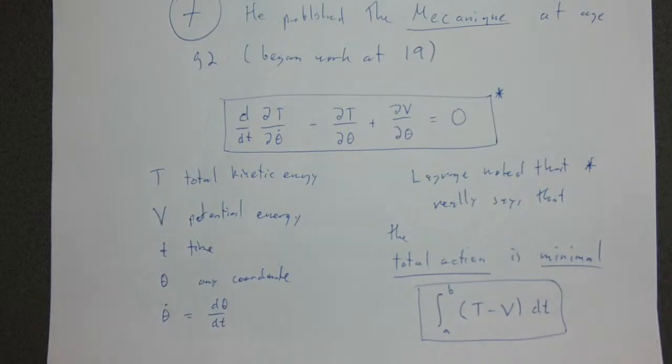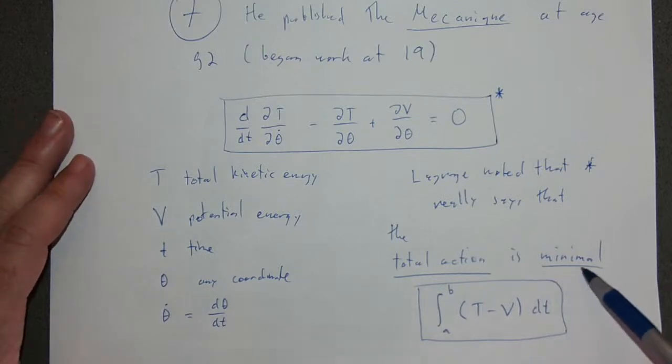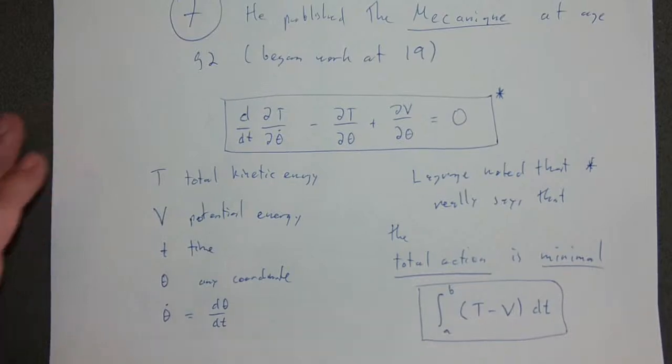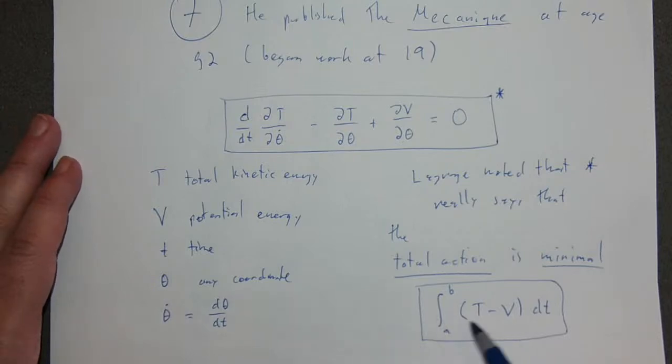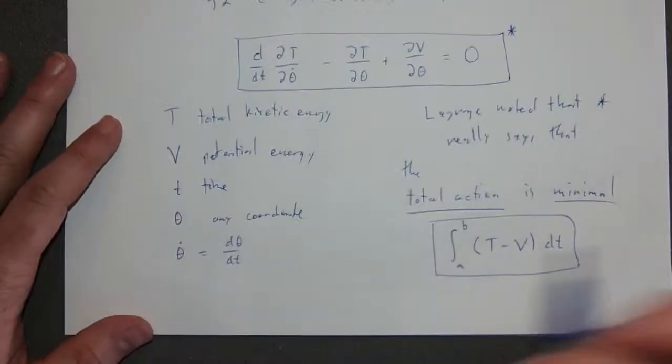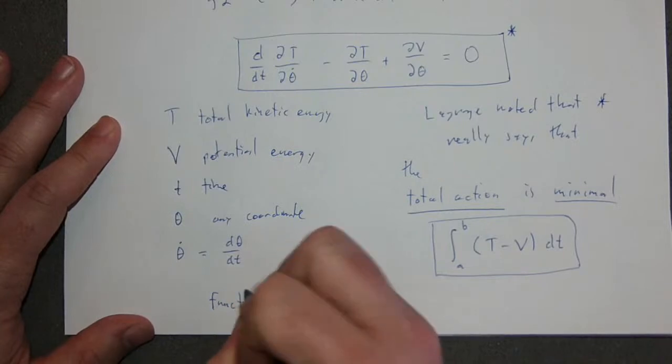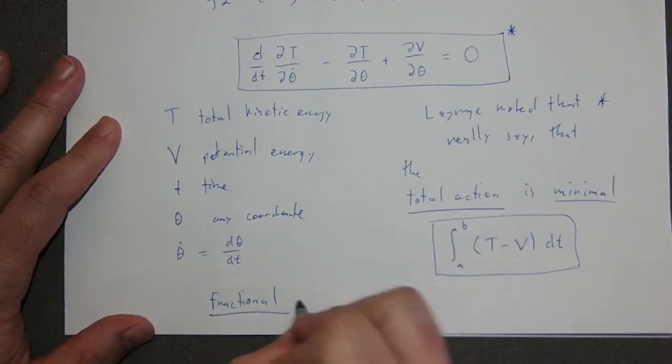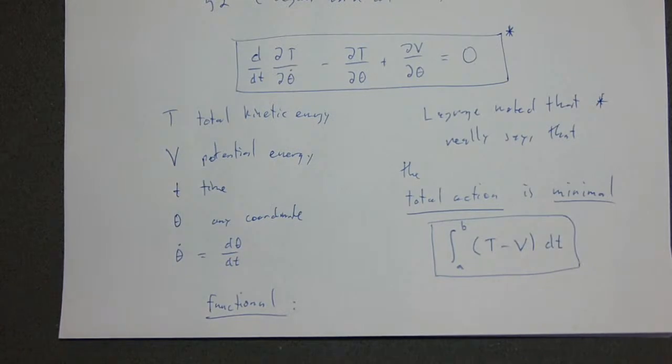It involves an integral, and what you're wanting to minimize here is a function that takes in other functions. So you have a function of a function. This is known as a functional. A functional is a function of a function.